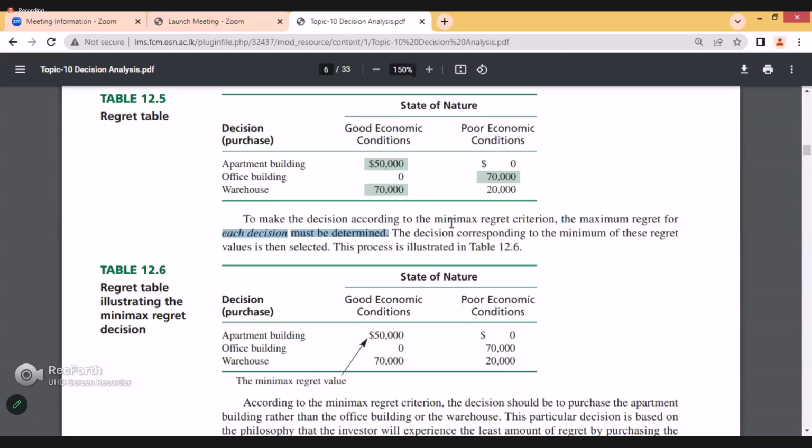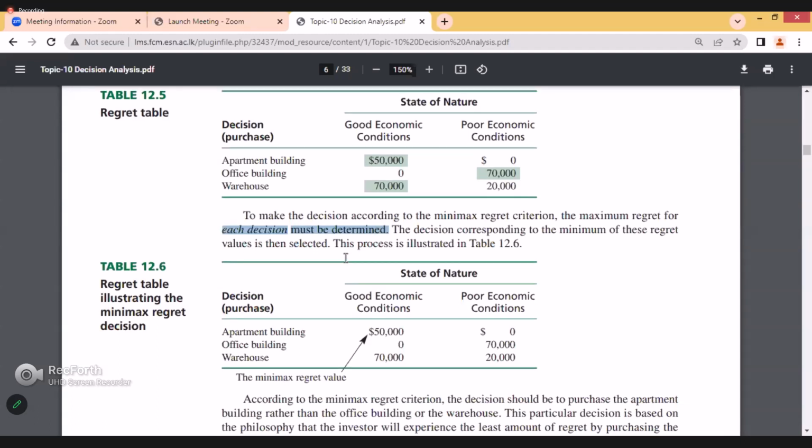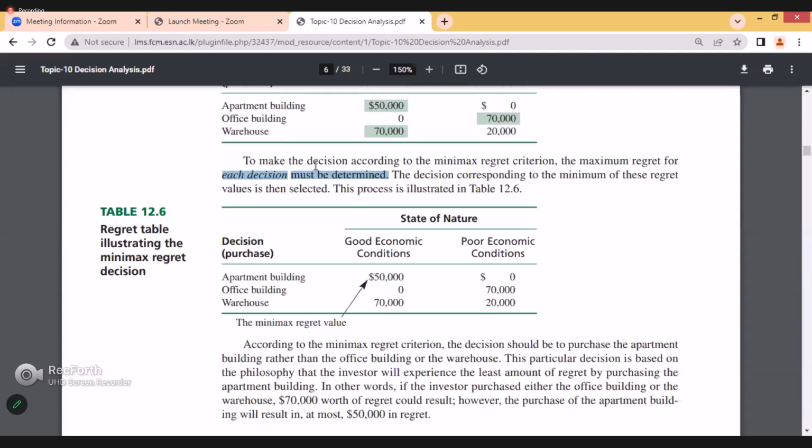The maximum regret for each decision must be determined. The decision corresponding to the minimum of these regret values is then selected. Okay, the maximum has to be determined, the minimum has to be selected. That is the decision. According to this table 12.6, the maximum has to be determined and the selection is the minimum.